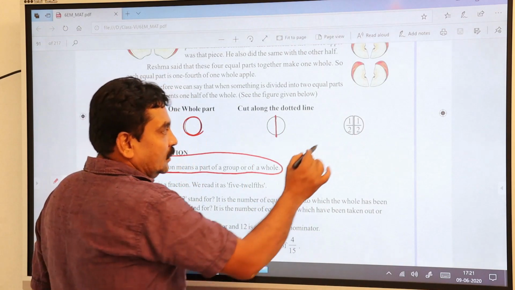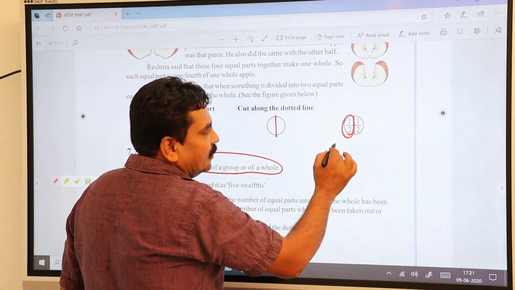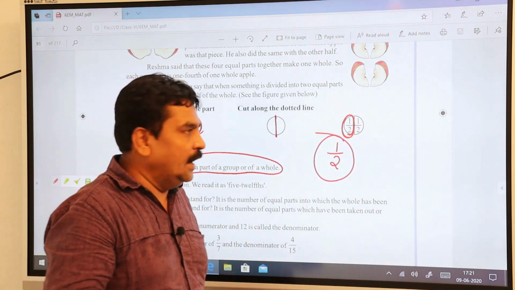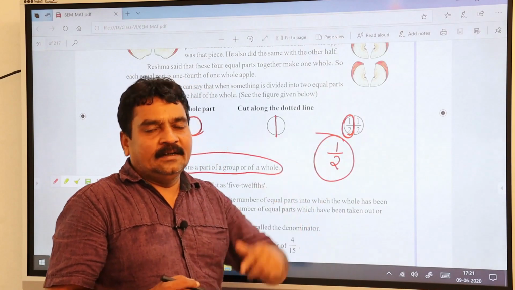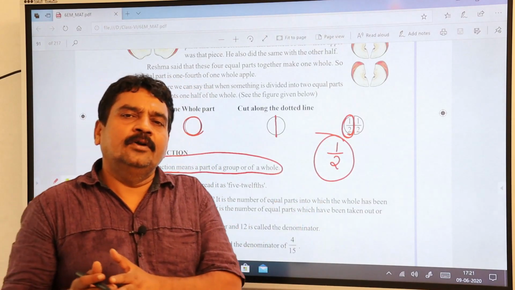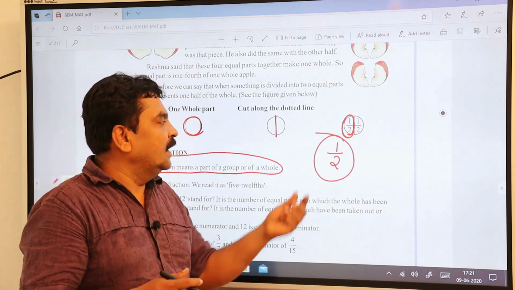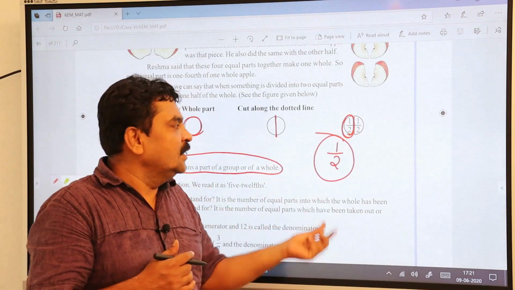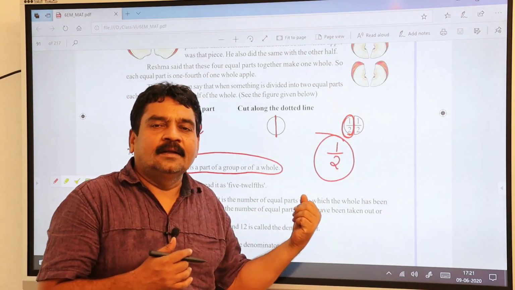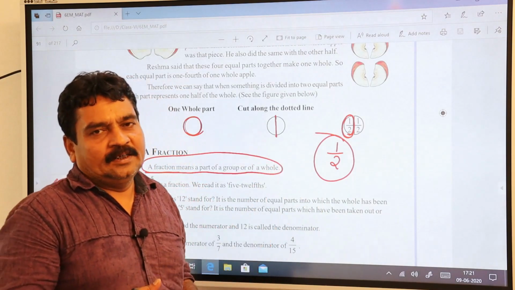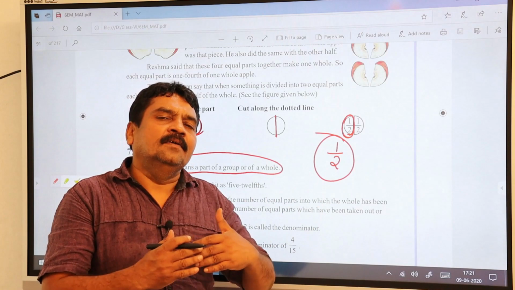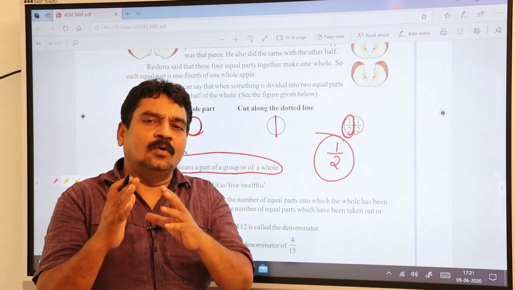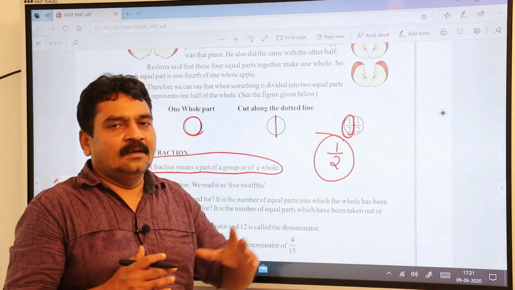This representation of a part, you always represent in the form of a fraction, where you have a numerator and a denominator. Again, when the numerator is less than the denominator, you call it a proper fraction. When the numerator is more than the denominator, you call it an improper fraction, and you can easily convert an improper fraction to a mixed fraction. A part and a whole is called a mixed fraction.